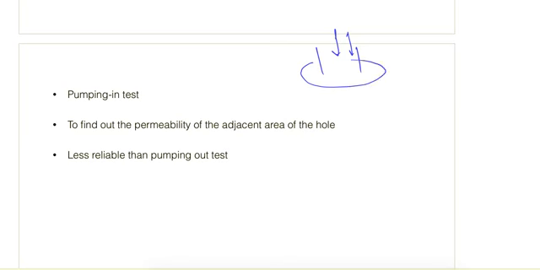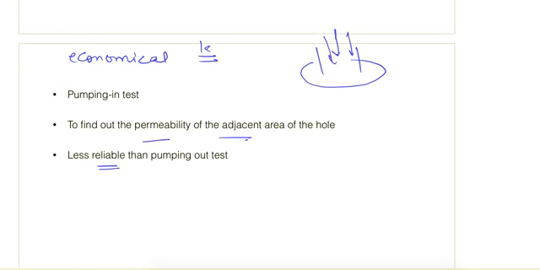The value of permeability we get from this is not as reliable as what we get from the pumping out test, but it is economical, and it is done to find out the permeability of the adjacent area.